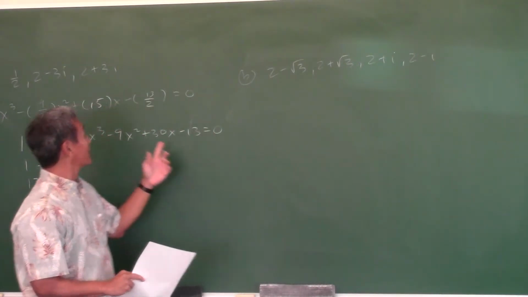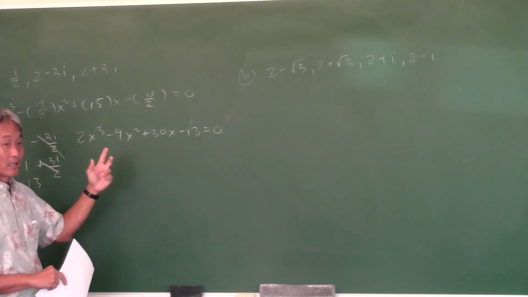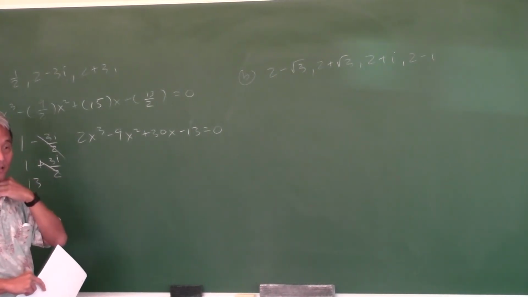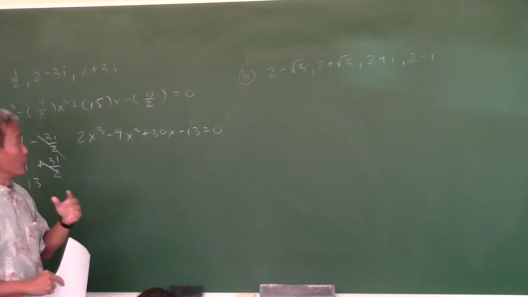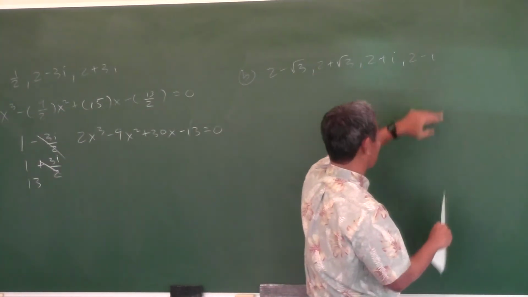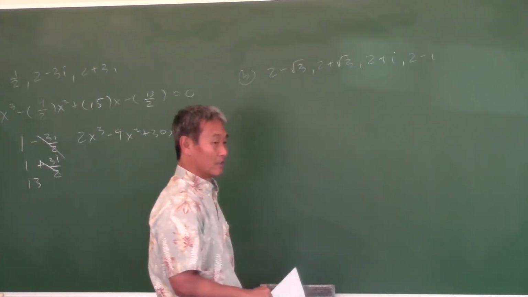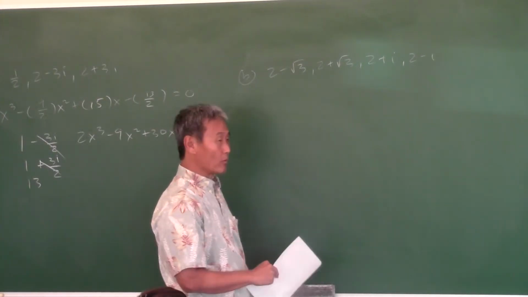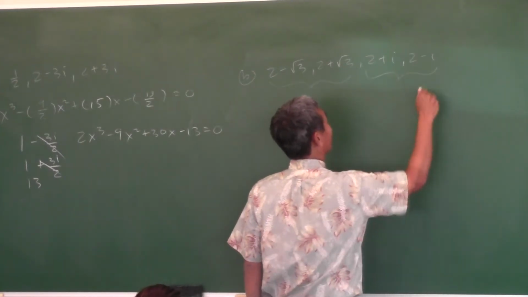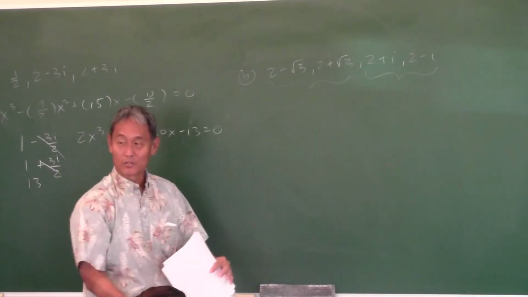Now, do you really want to use this technique, one at a time, two at a time, three at a time, four at a time, the negative b over a thing? Or would you rather go x minus this, x minus that, x minus that, x minus that, and multiply it all out? Or would you rather make a quadratic for these two, make a quadratic for those two, and then multiply the two quadratics together?